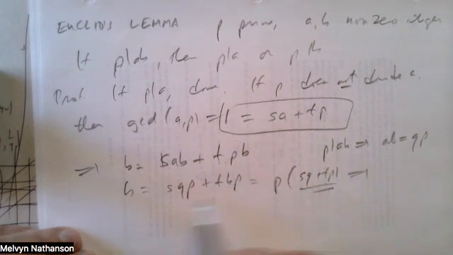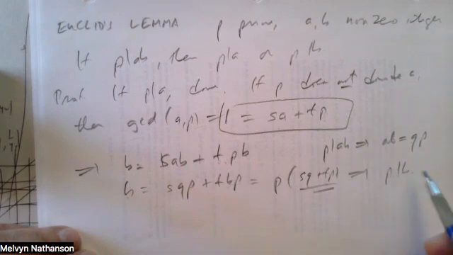So P times this integer is B. So P divides B. Again, these are short proofs, but they're very clever and very interesting.